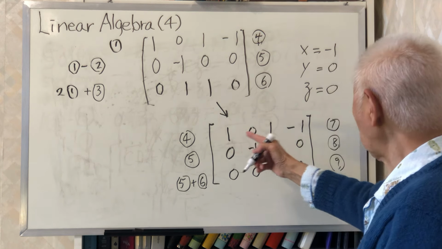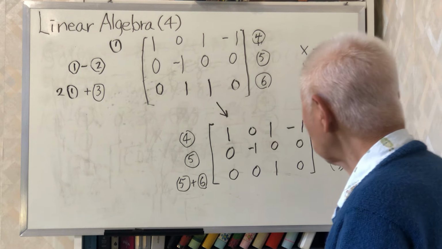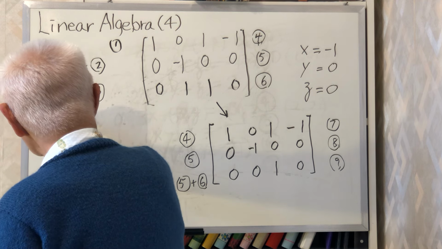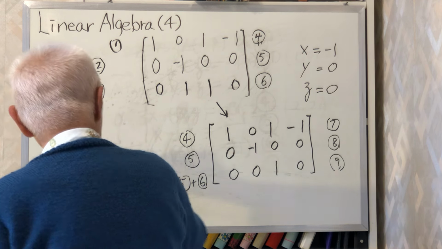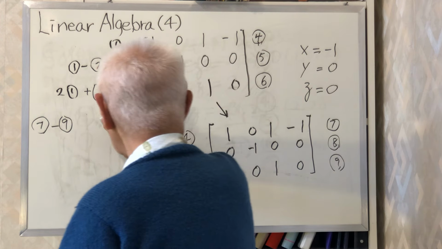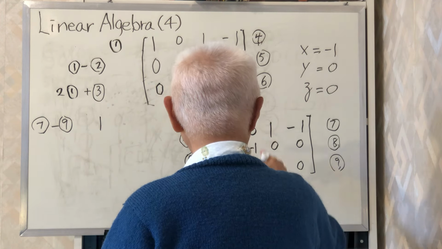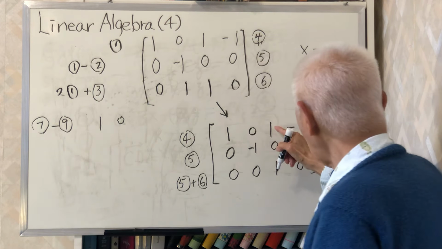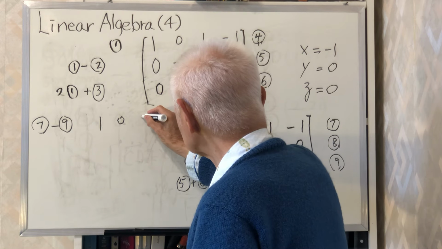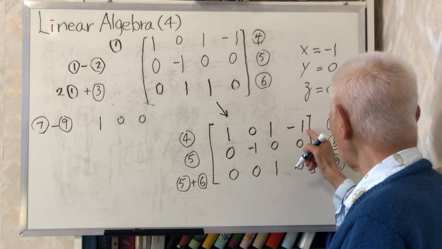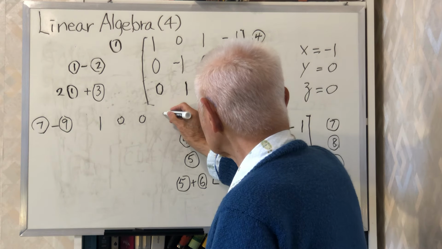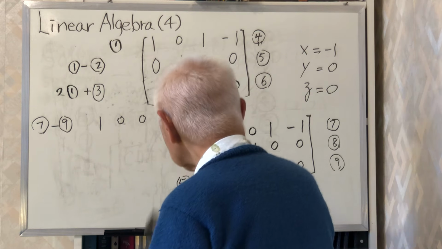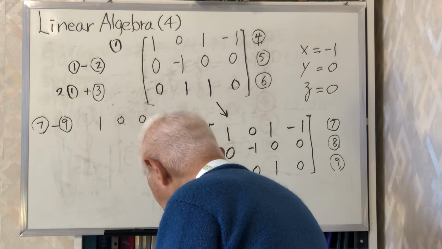So row 7 minus row 9. 1 minus 0 is 1, 0 minus 0 is 0, 1 minus 1 is 0, negative 1 minus 0 is, oh, not 0. Sorry, it's negative 1.